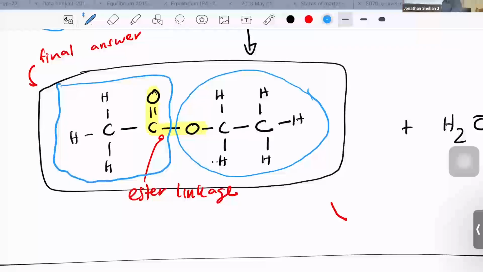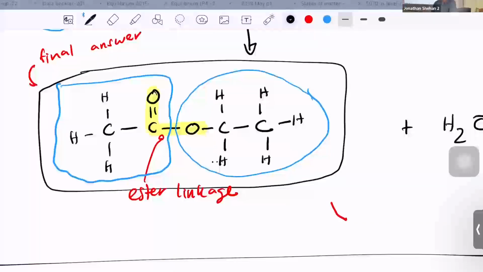When you name, you start from the alcohol part. So we need to count how many carbon atoms there are in the alcohol part. We have 2, 1, 2. So 2 carbon atoms in the alcohol part.